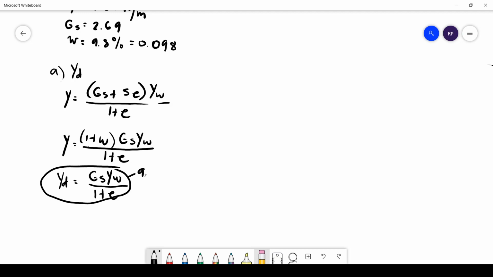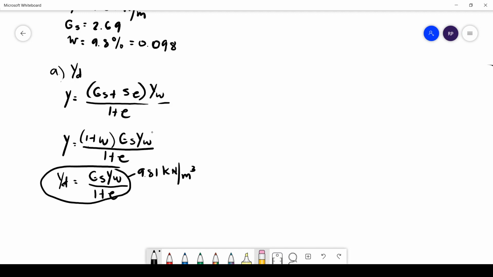And then 1 plus e. Yung problema lang natin dyan is yung void ratio natin, hindi siya binigay sa problem. So, we must find another way to solve your dry unit weight.